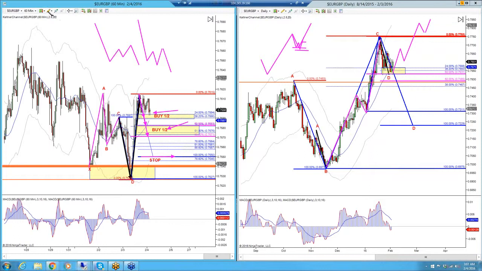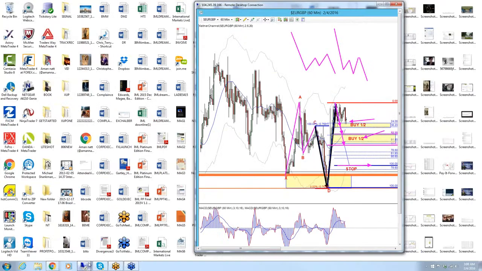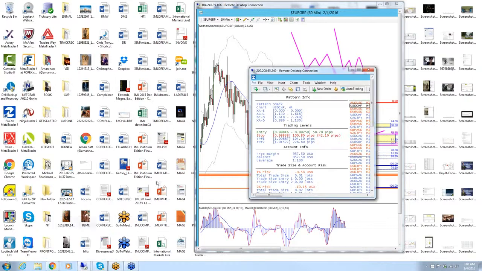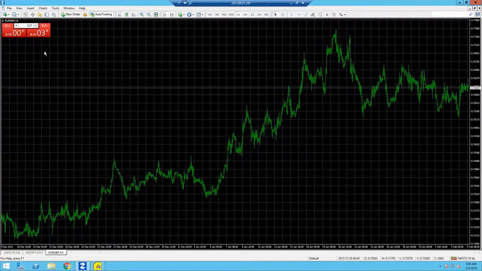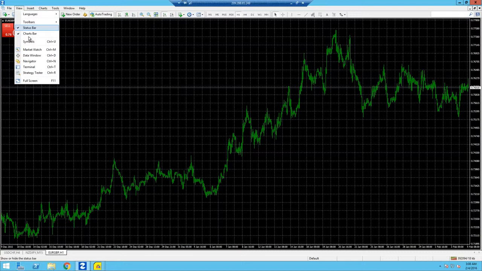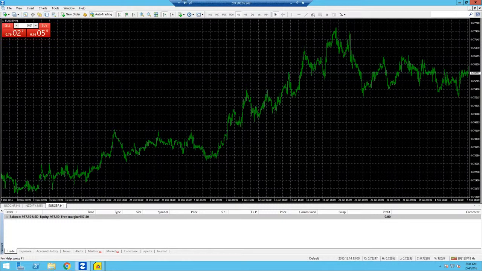So what do I mean when I'm buying half? Okay, let's just say you're looking at MetaTrader 4. What do I mean by buying half? So let's just say I wanted to buy a mini.